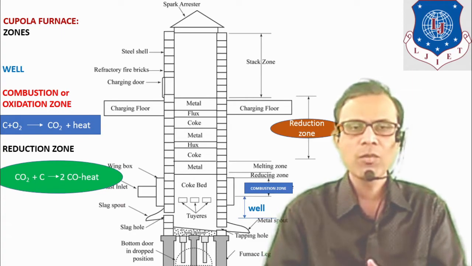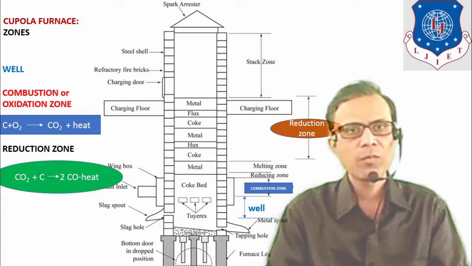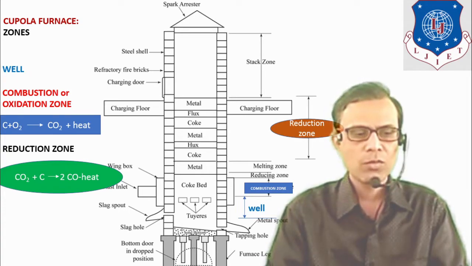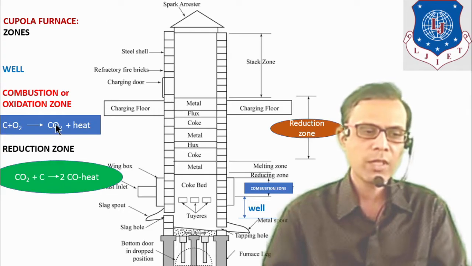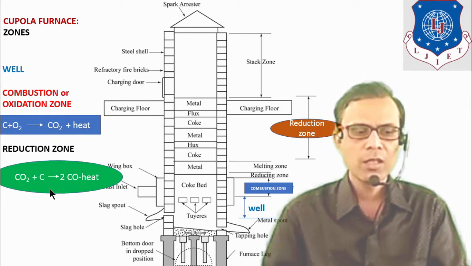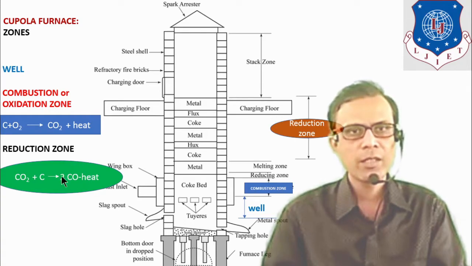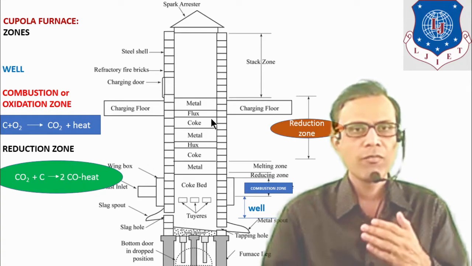It is helpful to prevent the metal from oxidation. The CO2 which was produced here again undergoes a chemical reaction with the carbon of the coke and produces carbon monoxide, but as heat is used here, the temperature will drop.